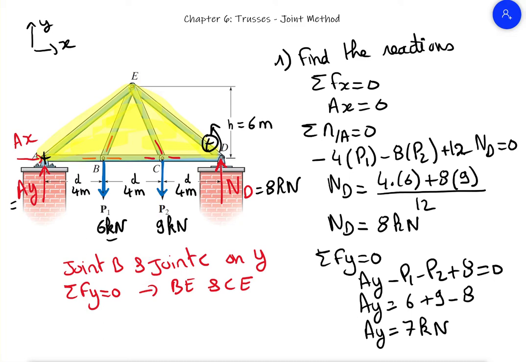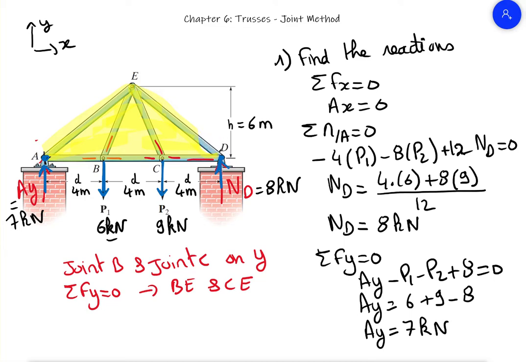Now that we know this one, and there's no AX, we can pick joint A or joint D to solve for CD.